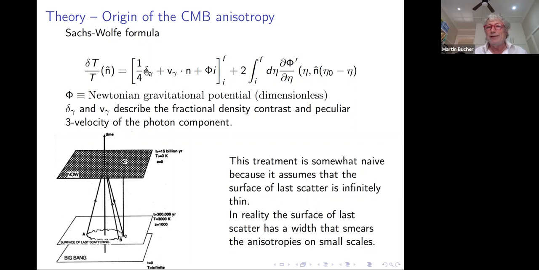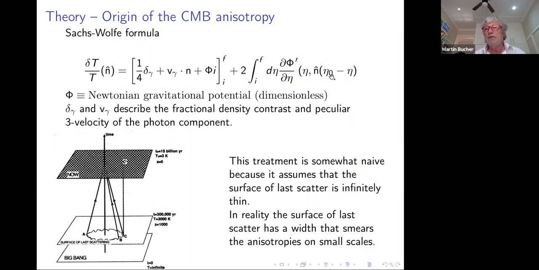If the baryon-photon plasma density is higher, then you get a higher temperature. Then you have a Doppler contribution, and then you have a gravitational redshift. In an appropriate gauge, this can be thought of as your traditional Newtonian potential, Gm over r, although it doesn't necessarily have a source in the same way.